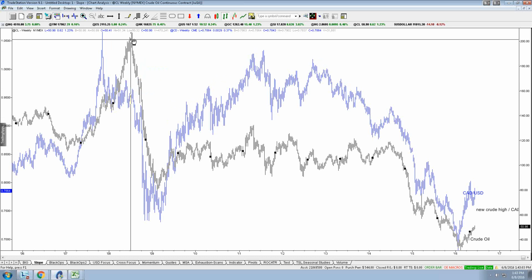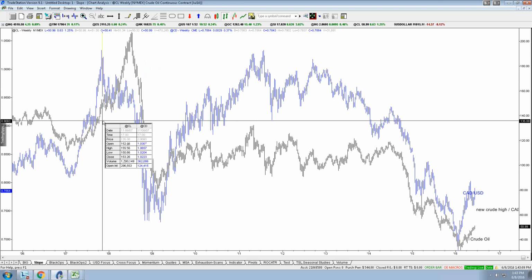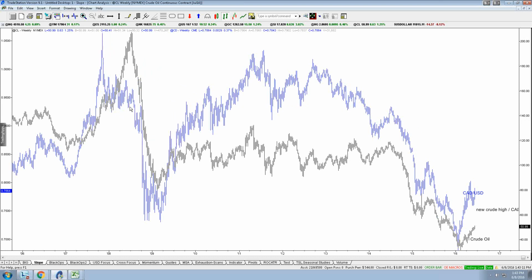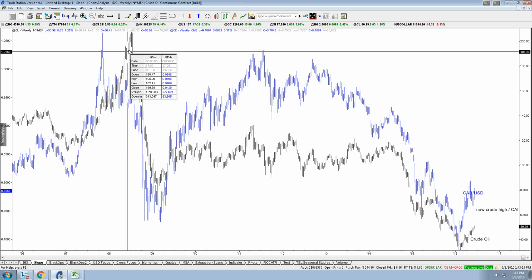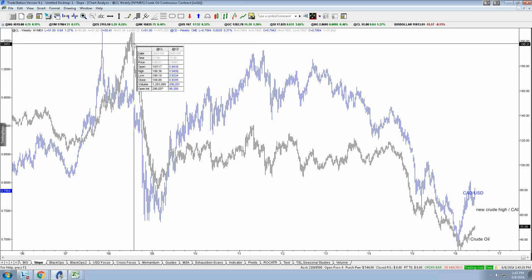Remember back if you were trading back in 2008, CAD dollar made its high a year before oil. That's why when oil was doing this, we were like, this is a complete blowout, because it wasn't fundamental. But what I mean by that is that the Canadian dollar was not with it, right?